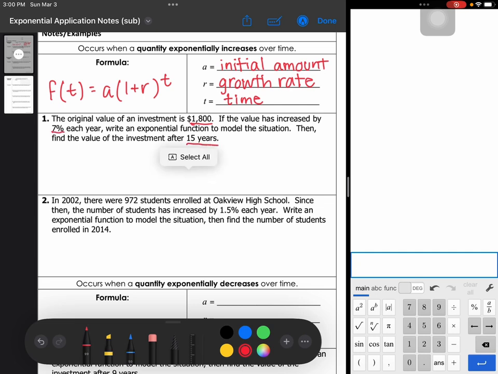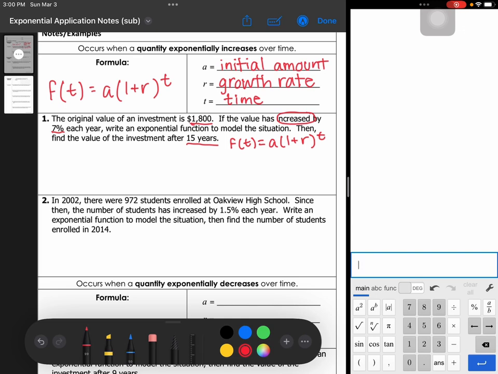So as I was writing here, I was kind of underlining and circling some of the important information. So we know that we're using the equation f of t equals a times 1 plus r to the t power.